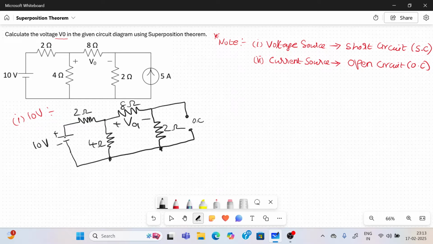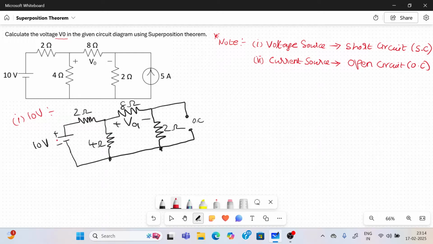How to solve this? You can solve as your choice. If you are familiar with mesh and nodal analysis, you can apply either one to find V01 easily. Here I am going to apply mesh analysis, because the voltage source is present, using the matrix method.